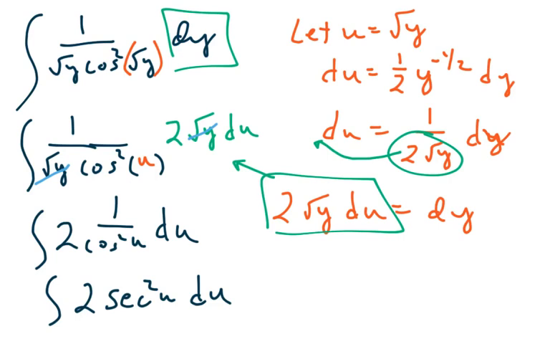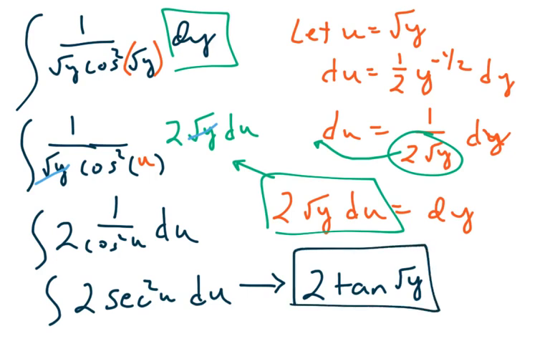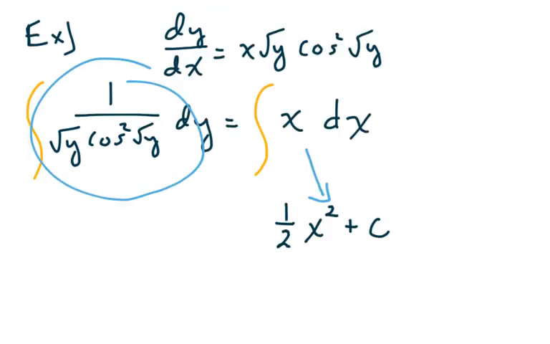Well, thank goodness that is a basic, kind of memorized rule, and the antiderivative of secant squared is tangent. Now, when I write down 2 tangent, I'm doing the antiderivative. I'm also going to substitute back in the root y that was there for u, and we end up with our antiderivative, which we're going to copy back onto our separation problem.